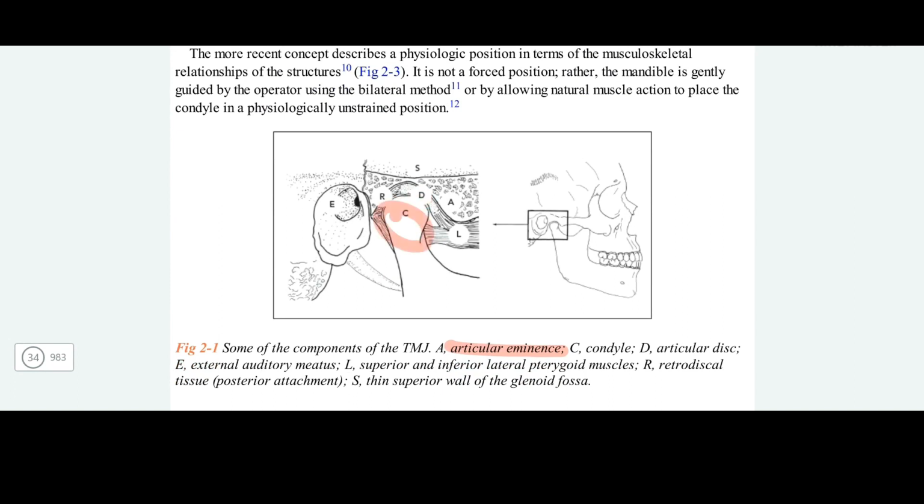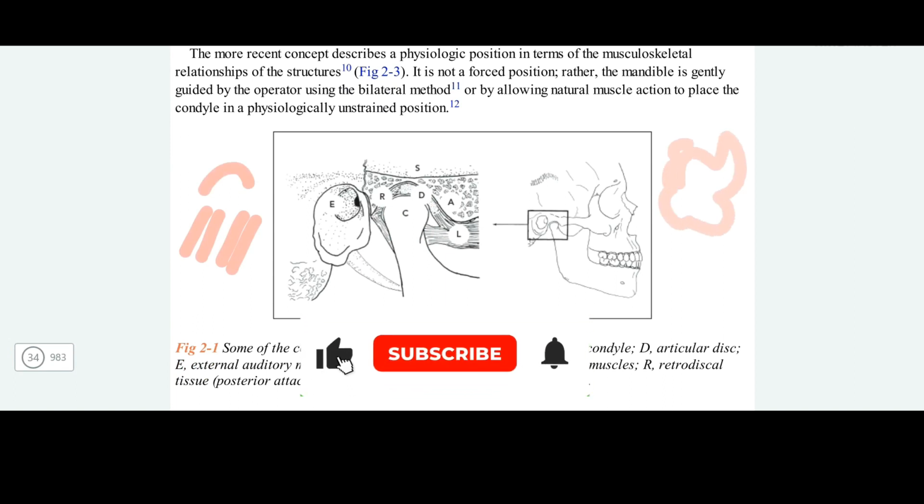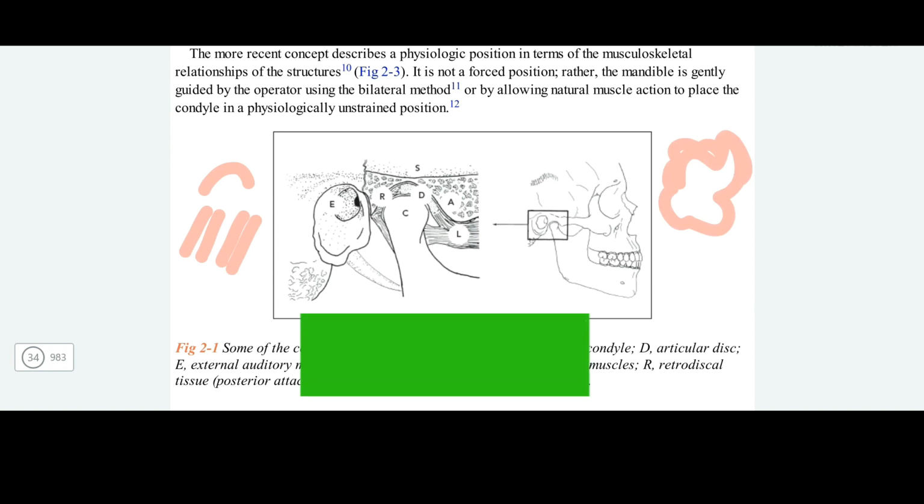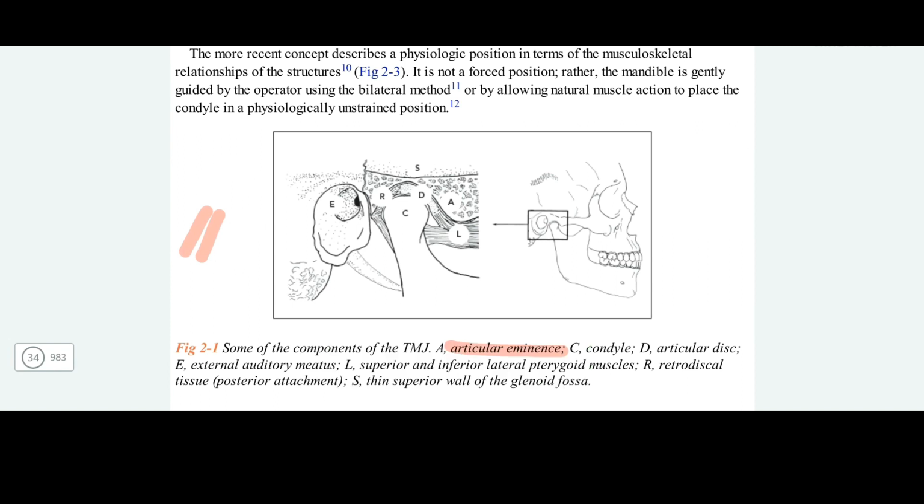That means this condyle, you see it, it's not like a ball, it's not spherical. It has an irregular shape like this, irregular like this, irregular like this, and this helps to distribute stress through the TMJ.